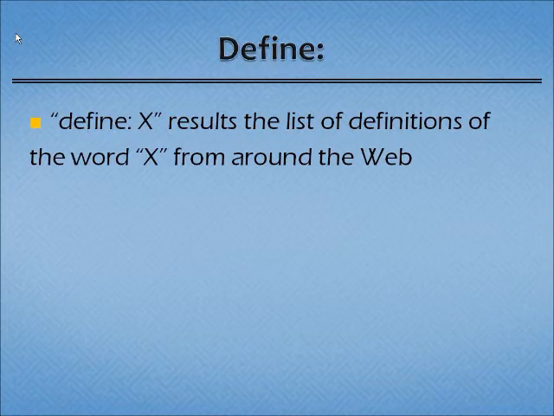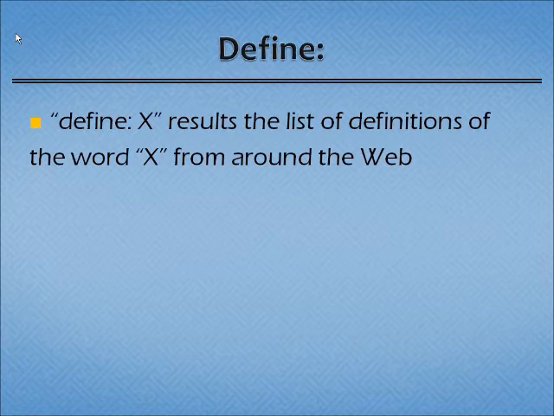Another instrument that we can use on the web in most search engines is the define tool. These are the features of most of the search engines, the tools that I mentioned to you, because the search engine logic is the same in every software.